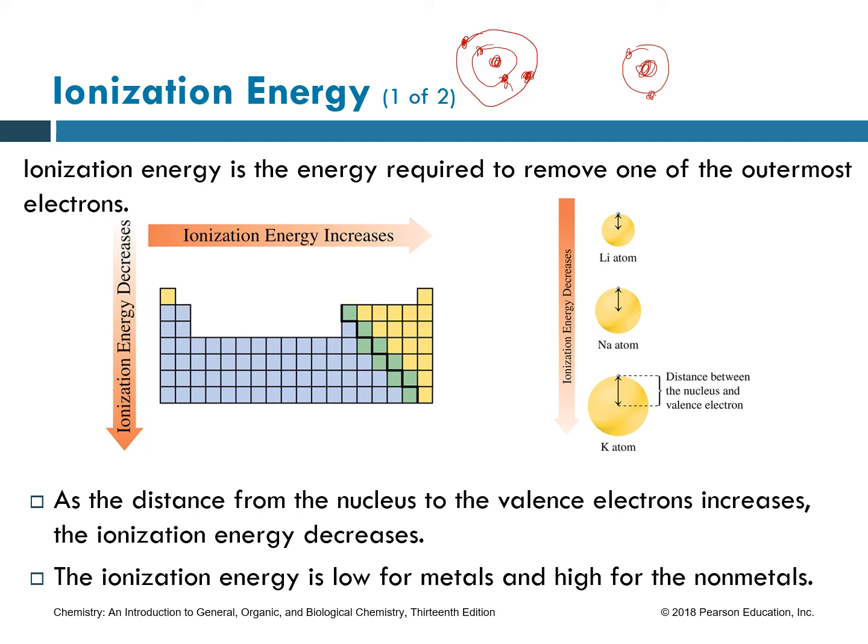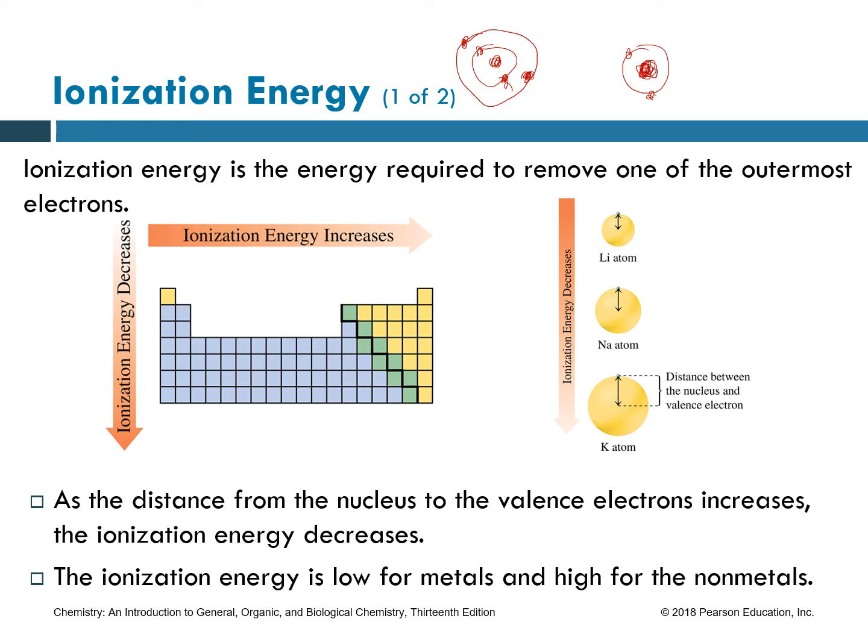So if we talk about the trend, as the size of the atom increases, it becomes easier for us to separate the electron away, because now the distance between the nucleus and the electron is greater, which means it is attracted towards the nucleus with less energy. So I have to use less energy to separate this electron than the electron which is present in shell number 1.